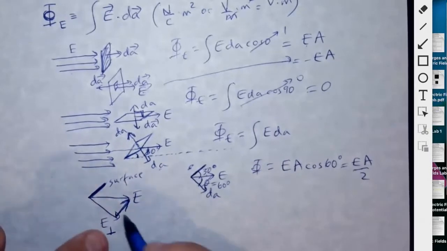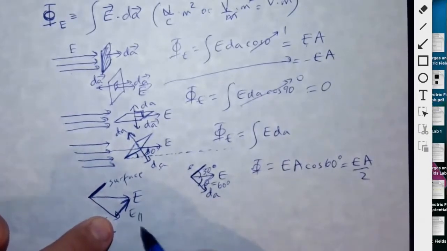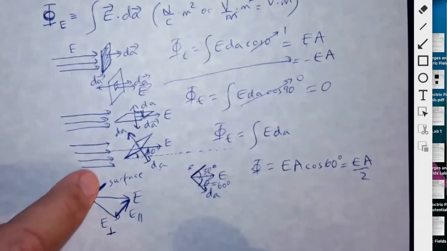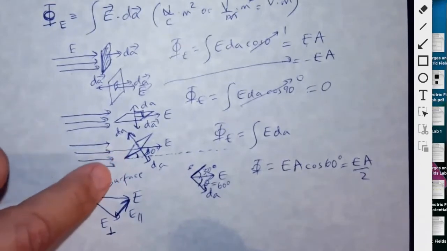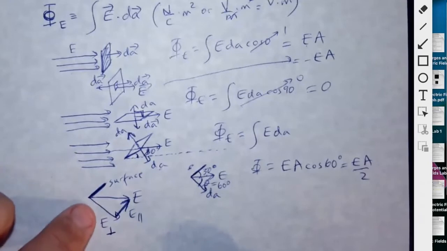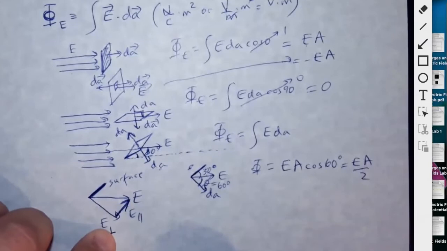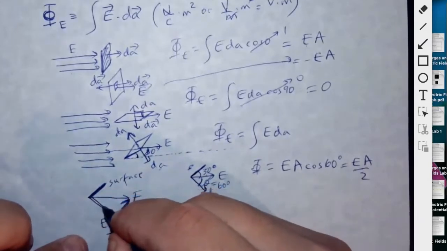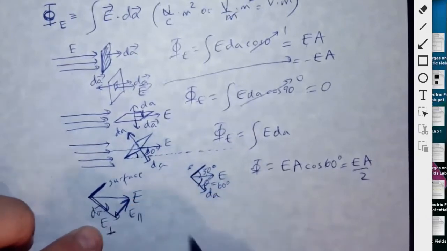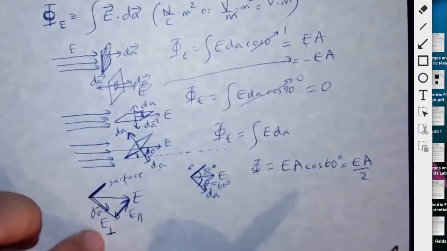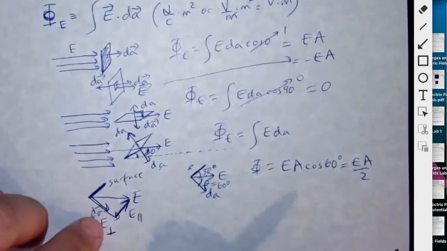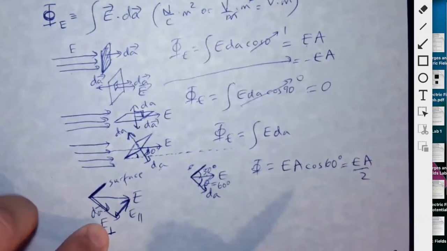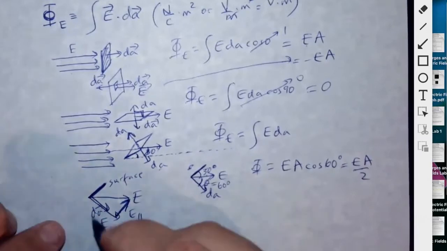And this is the parallel component of the electric field. It's gliding along the surface, you see? So the flux is a measure of the perpendicular component of the electric field to the surface. The area vector happens to be perpendicular to the surface. So we're looking for the perpendicular component of E to the surface. Therefore, we're looking for the component of E in the same direction as the dA.